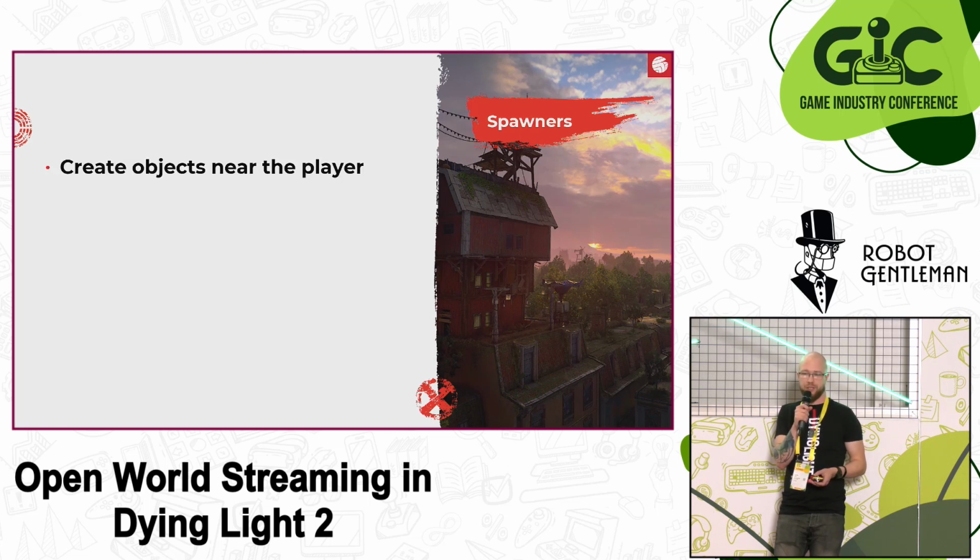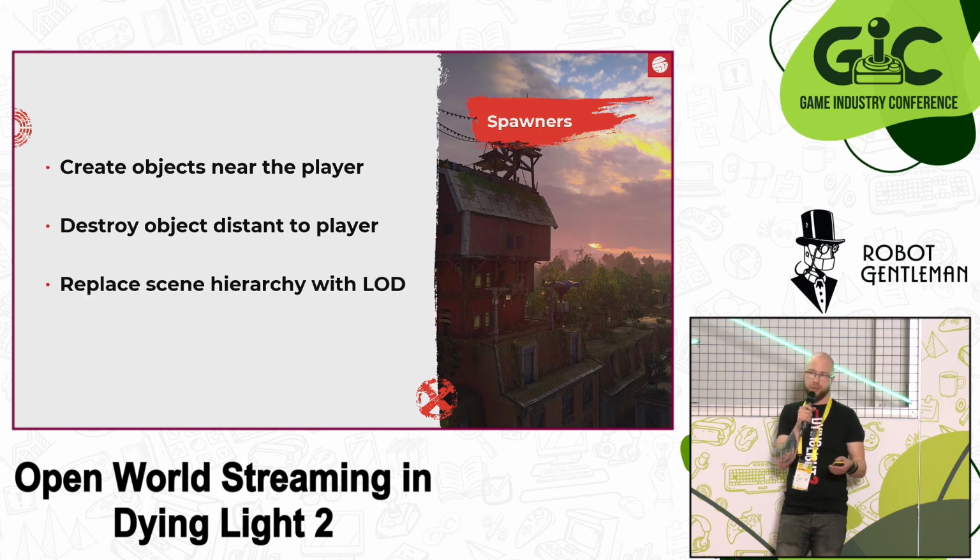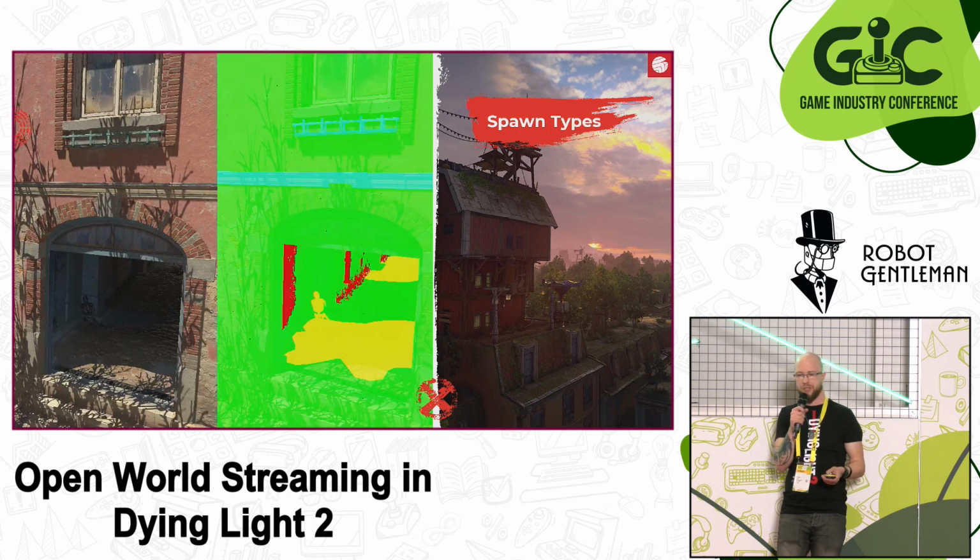So we have a system called spawners that are meant to create objects that are only near the player, destroy objects that are far away from the player, and also replace the destroyed objects with LOD. And when I say objects, they can be many different things at many different hierarchy levels. I'll get to that in a moment.